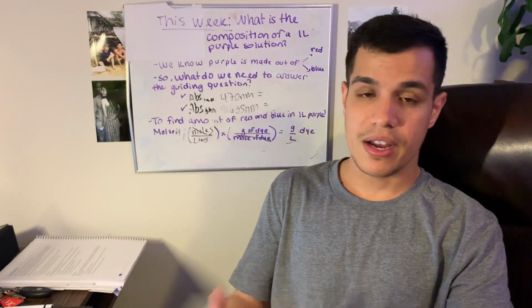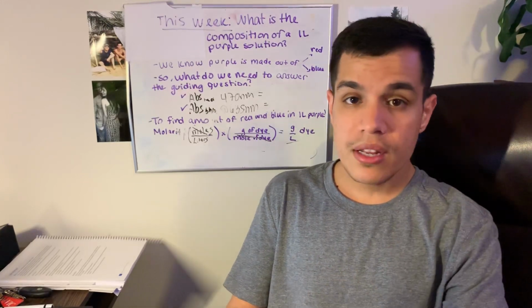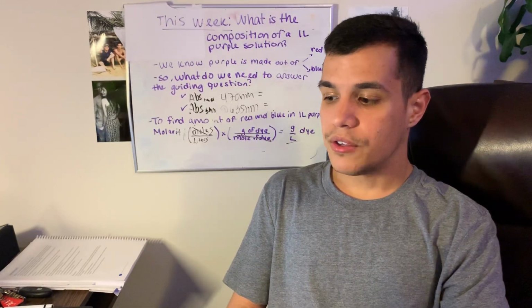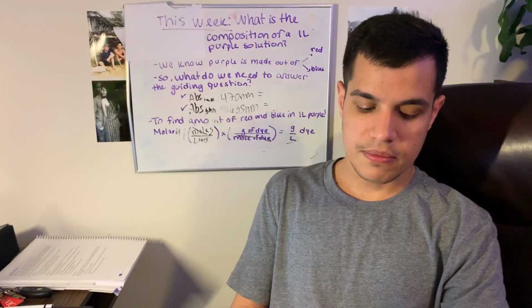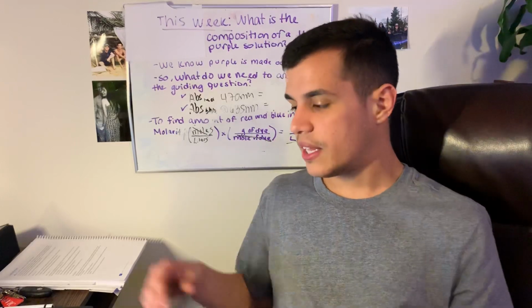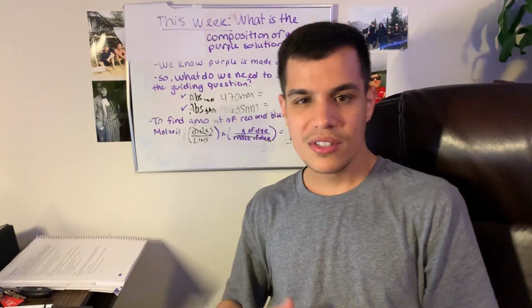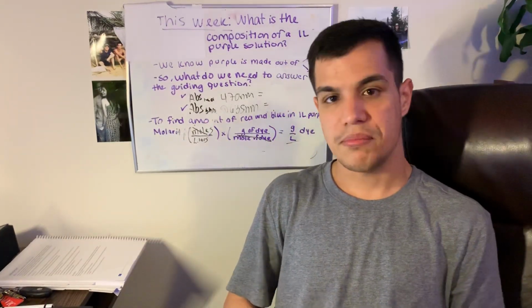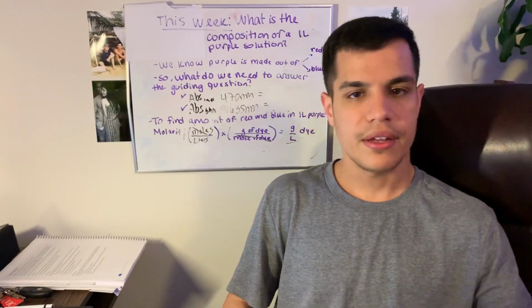So although you have a higher value for the molarity of red, your data might actually be precise. And you can talk about the color and say it looks more red than blue, or more blue than red, and it makes sense that there's more blue in it.